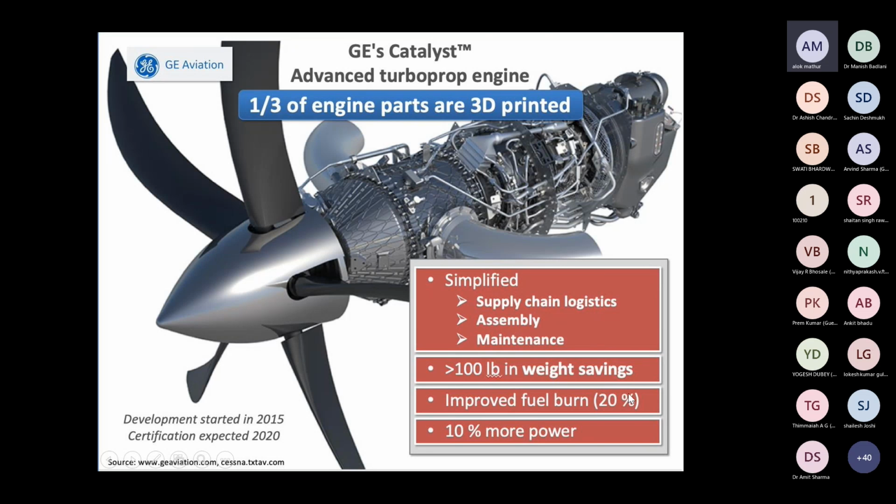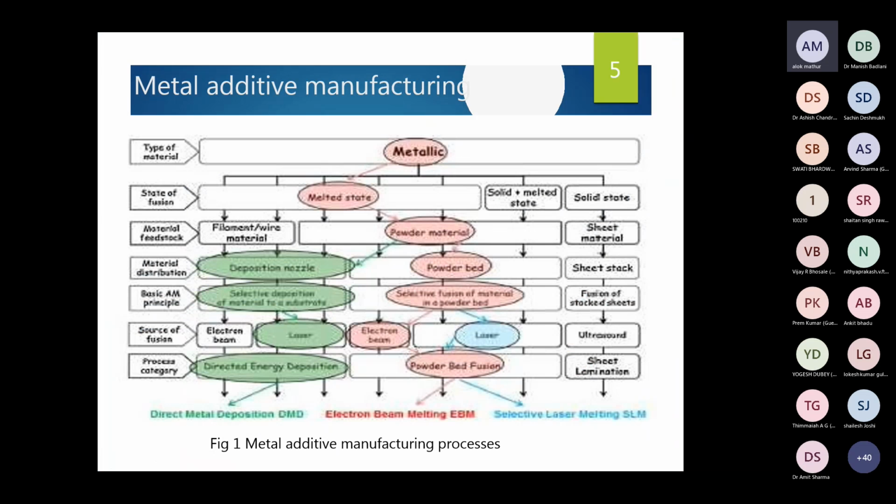Improved fuel burn, fuel burning is better by 20% and power is 10% more. These are the benefits of this new engine, which is called advanced turboprop engine, developed by GE, and most of the parts are 3D printed. Not all, we can't use 3D printing for all the components, but some parts are 3D printed.